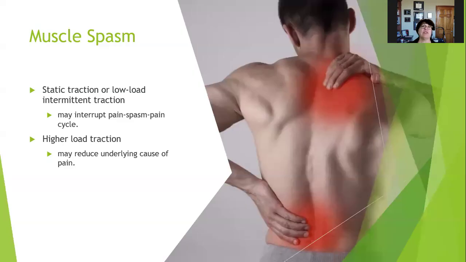Muscle spasm, static traction, or low load intermittent traction may interrupt the spasm pain cycle. Higher load traction may reduce the underlying cause of the pain. So again, you try it with someone, and if it's helpful, then yay, you might do it another couple times. If it's not helpful, then maybe you need to do something else.